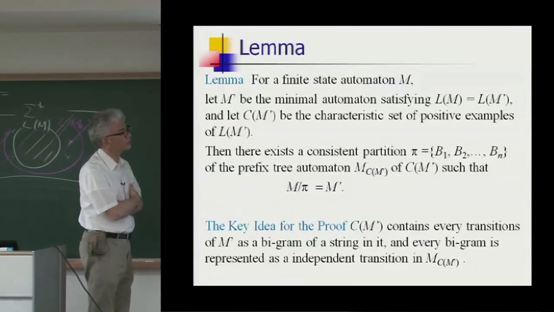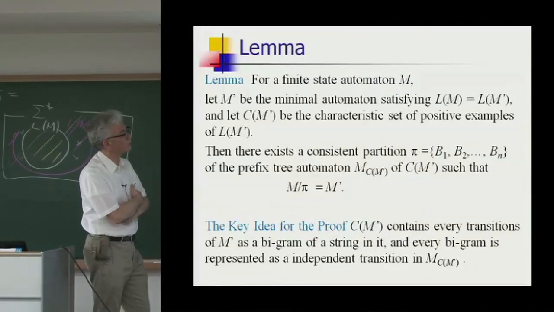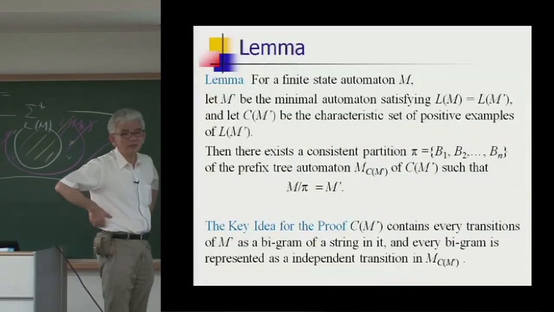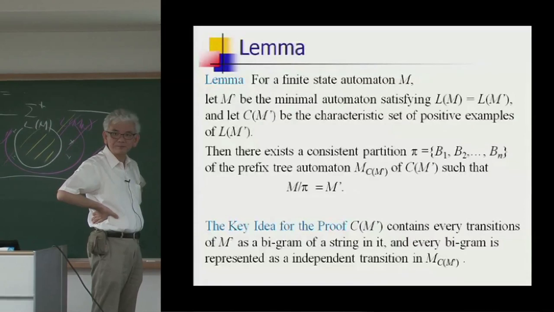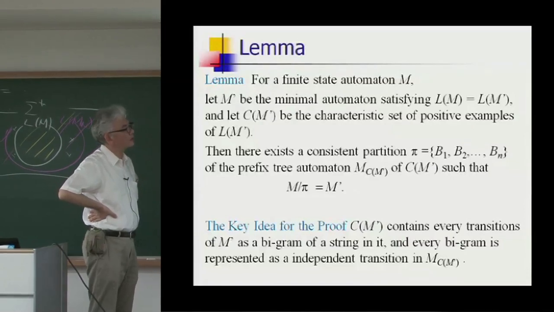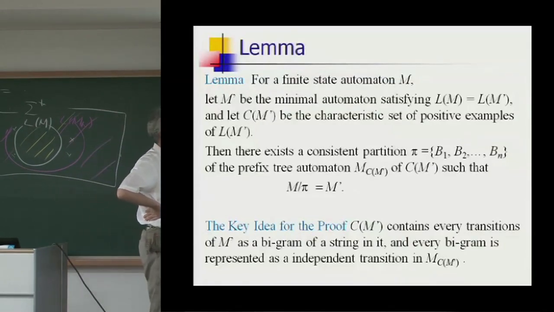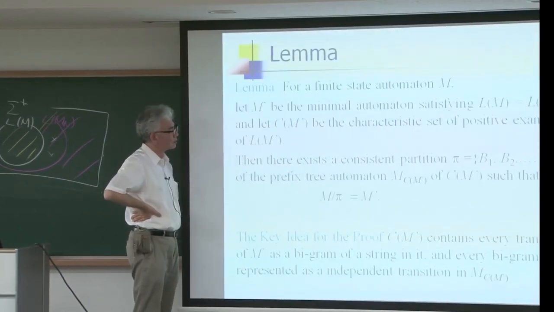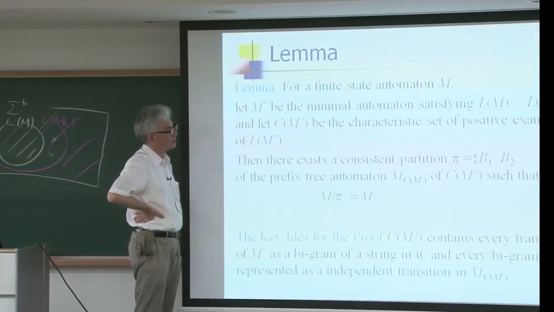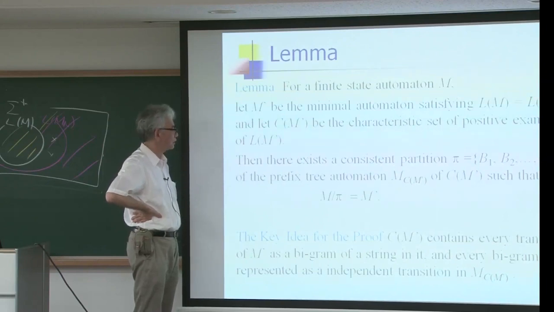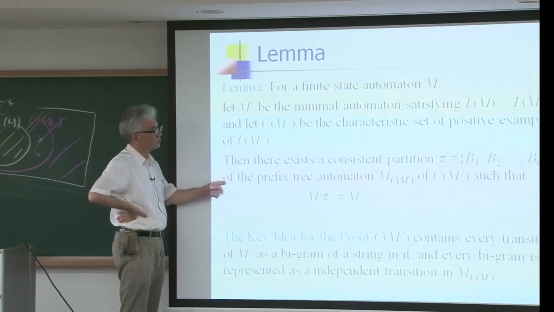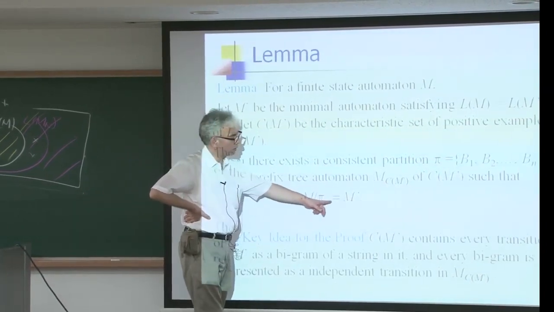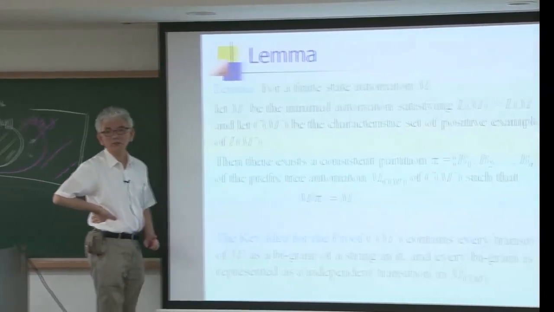For a finite state automaton M, let M' be the minimal automaton satisfying L(M) = L(M'), and let C(M) be the characteristic set of positive examples of L(M'). Then there exists a consistent partition pi of the prefix tree automaton such that M/pi is equivalent to M'.